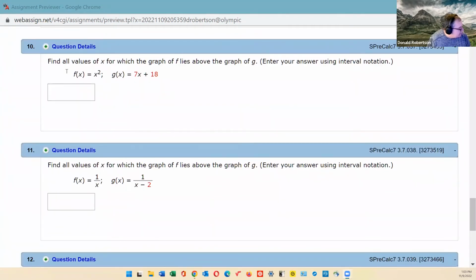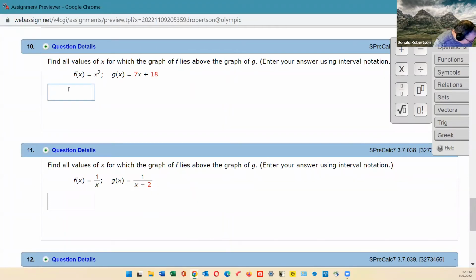Question 10. Find all values of x for which the graph of f lies above the graph of g. So here is f, and here is g. And you're being asked, when is f above, which means when is f bigger than g? So if you were going to do that one, it would start off something like this.